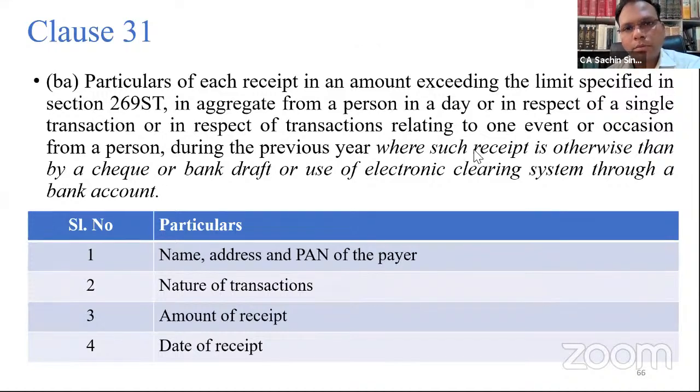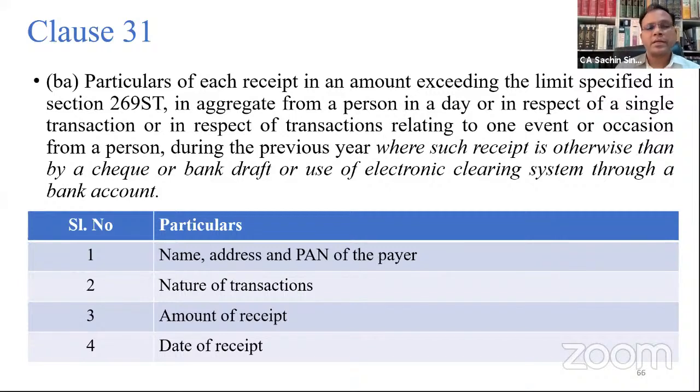So this clause is saying single transaction. So if a loan is a single transaction and you are making payment of such loan, in the case of the receiver, I am receiving a payment otherwise than by an account payee cheque or account payee bank draft, that should be reported.